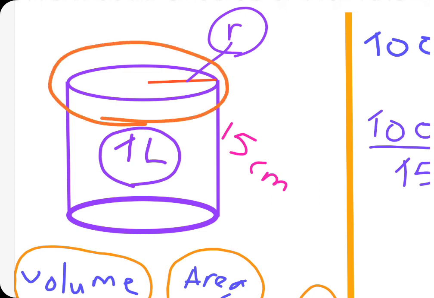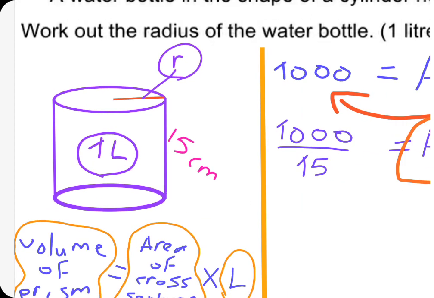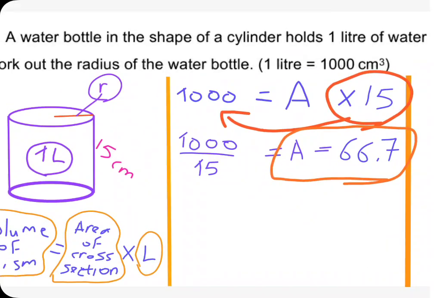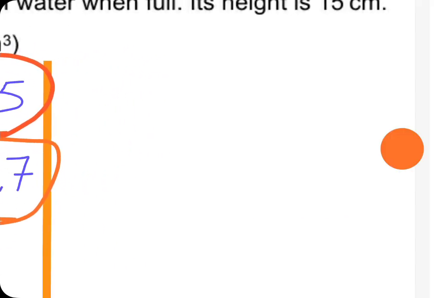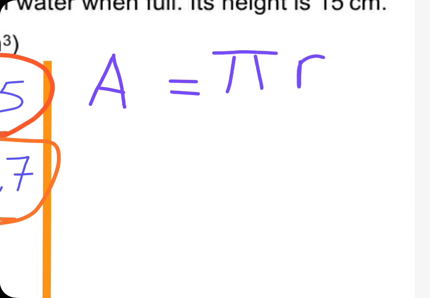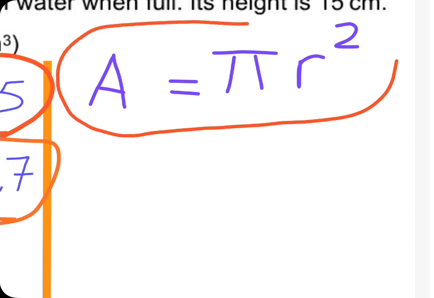Now, we know the area of the circle, so we can find the radius by using the formula of the area itself. Now, the formula of the area of a circle is what? Very good. Area of circle equals pi r squared. Good job. We have to memorize this and work with it all the time.